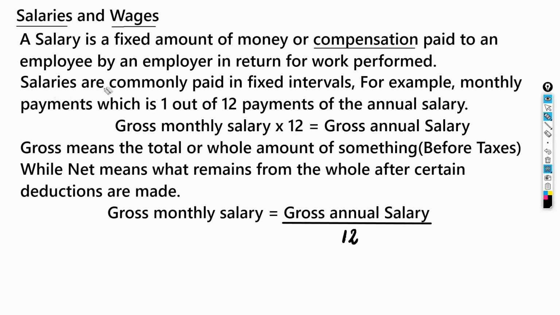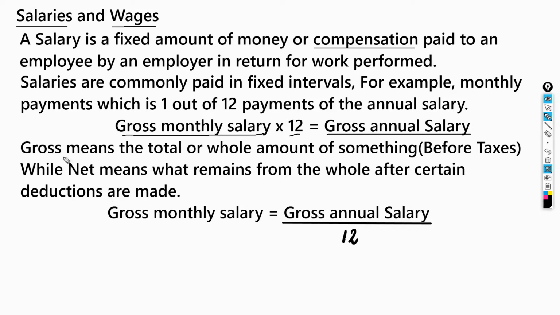Salaries are commonly paid in fixed intervals. For example, monthly payments, which are one out of 12 payments of the annual salary. So you get a monthly payment, and if you multiply that by 12, that would be the gross annual salary. The gross annual salary or the gross monthly salary is just your salary before taxes.